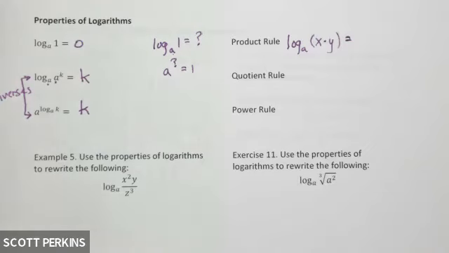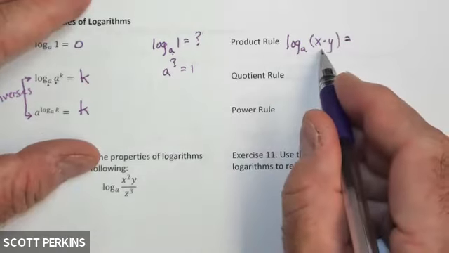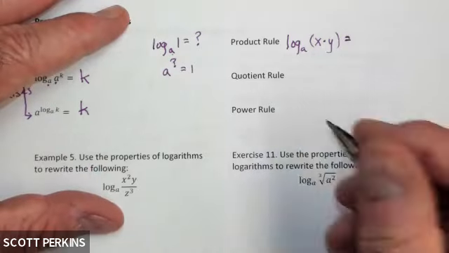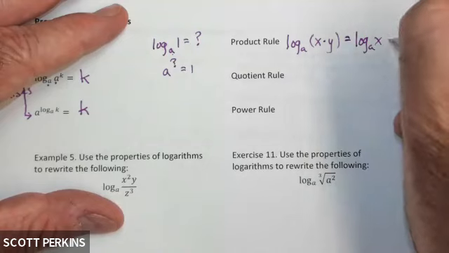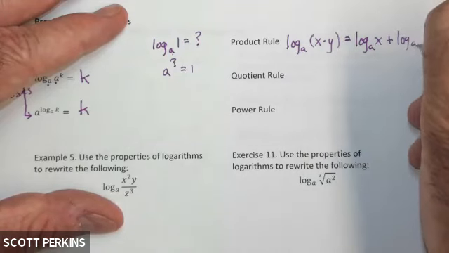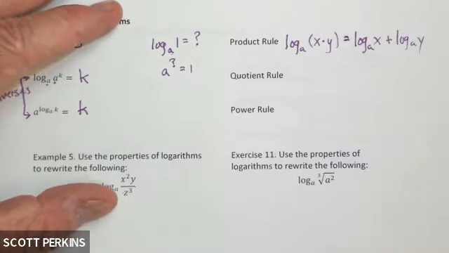You add. Okay, so that's just based on this. So when you see that you have a product in here, then what you do is you can separate these two things. You can say, okay, that's the log base a of x plus the log base a of y. I'm adding the powers.